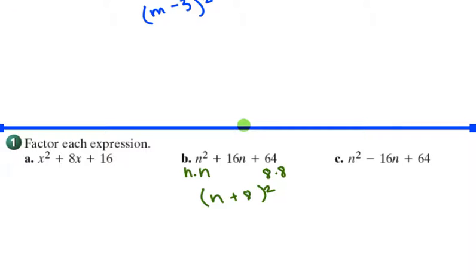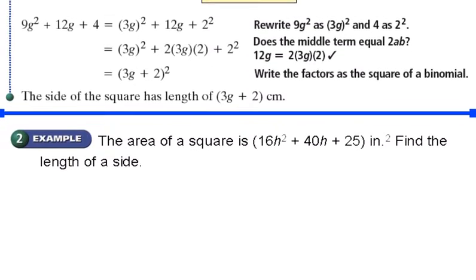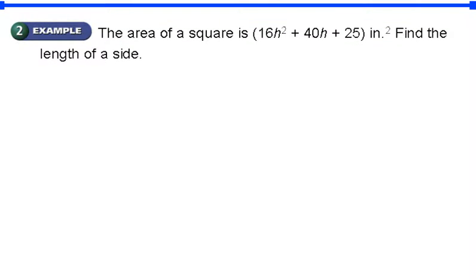All right, let's go ahead and go to example 2. Factoring a perfect square trinomial when your a is not 1. Is 16h squared a perfect square? Yes. This is 4h times 4h. Is 25 a perfect square?